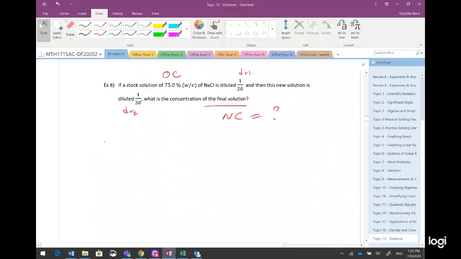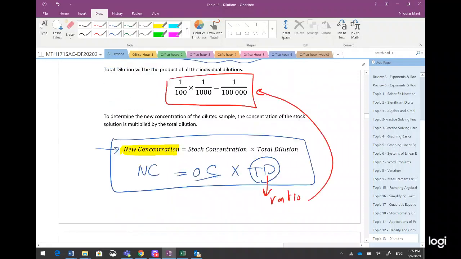Now, if a stock solution of 75% W/V of NaCl is diluted 1/20, and then this new solution is diluted another time, so dilution ratio 1, dilution ratio 2, what is the concentration of the final? What is the new concentration? Read the question carefully. A stock solution means old concentration. Dilution 1, dilution 2: I have two dilutions, so I have to multiply them with each other and find the total dilution ratio.